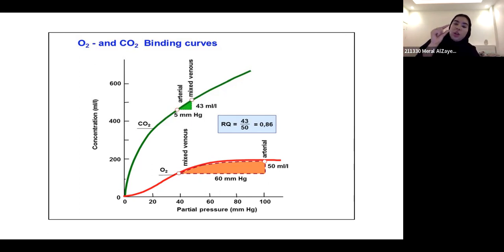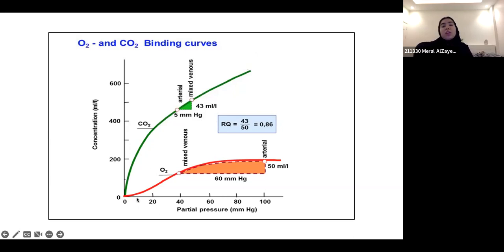So that little 50 milliliters per liter of oxygen, and when we take out oxygen, carbon dioxide gets put into the blood, because of the gas exchange. So as little as 43 or 50 milliliters per liter change in concentration of oxygen, here we will only have a partial pressure change of 5 millimeters of mercury in the carbon dioxide dissociation curve.